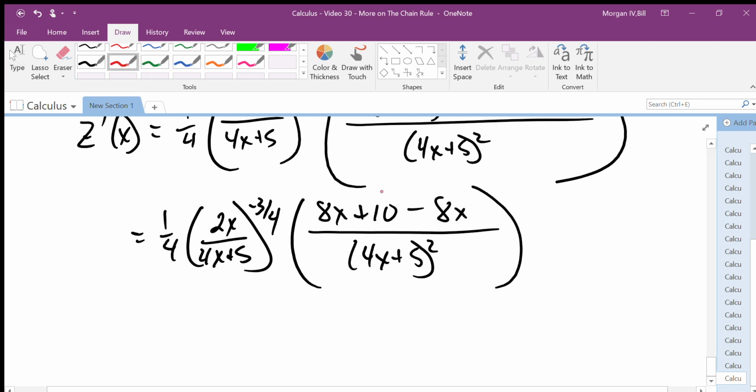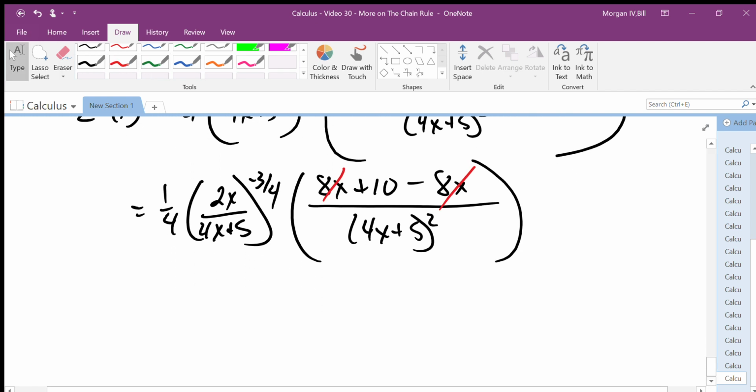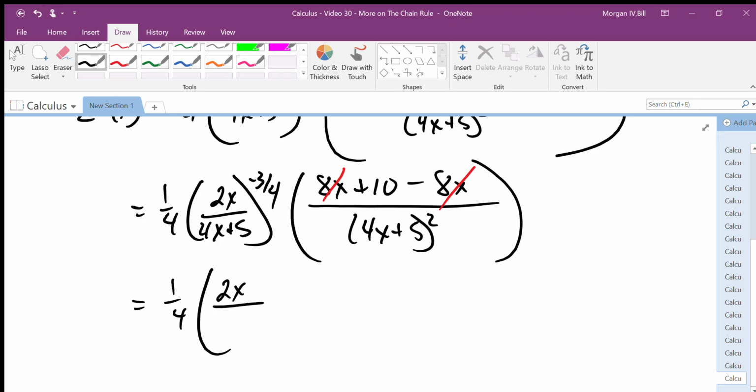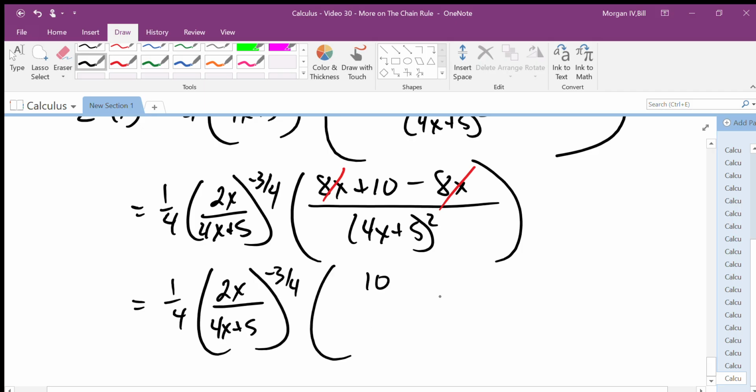This is nice because my 8x's cancel, and we get 1/4 (2x over 4x plus 5) to the negative 3/4 times 10 over (4x plus 5) squared.